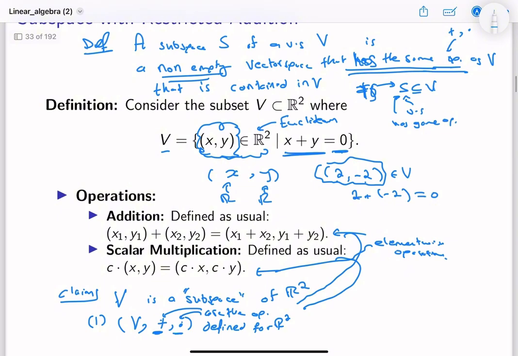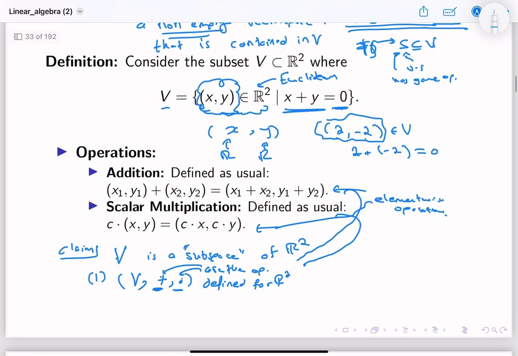So let us go back here and check that this is really a subspace. First of all, this V is defined as such, and it's a subset of R2, and we're going to equip it with the operations of R2, and thus our question becomes legitimate of whether or not this is a subspace of R2.